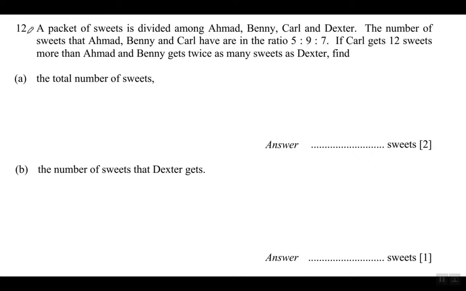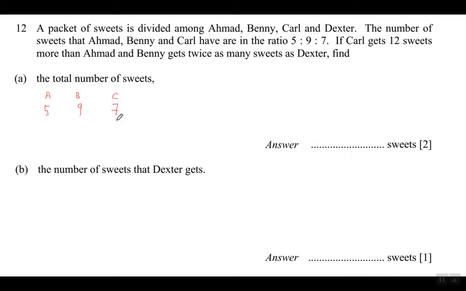A packet of sweets is divided between these 4 persons. The ratio is 5, 9, 7. Okay, so I'm going to just write this. A, B, C is ratio 5 9 7.